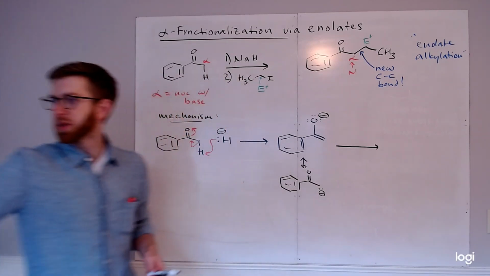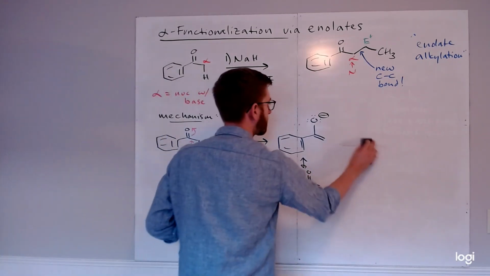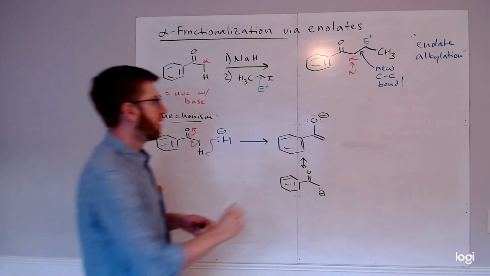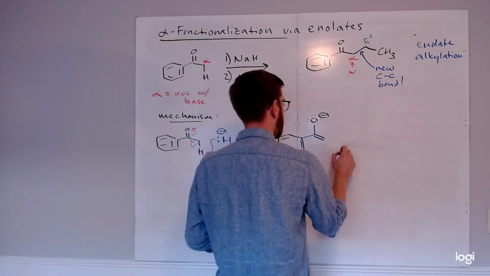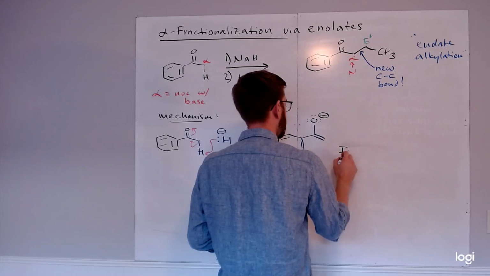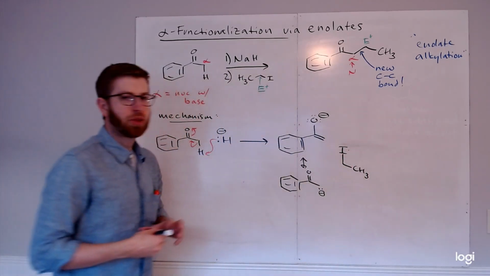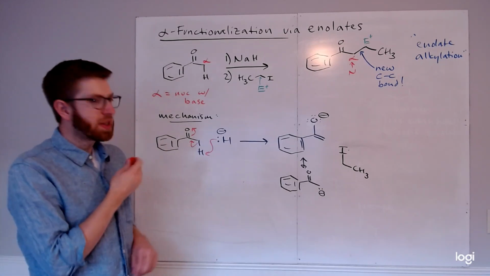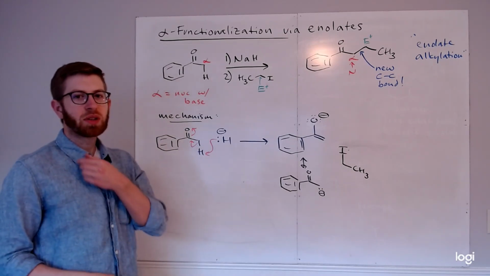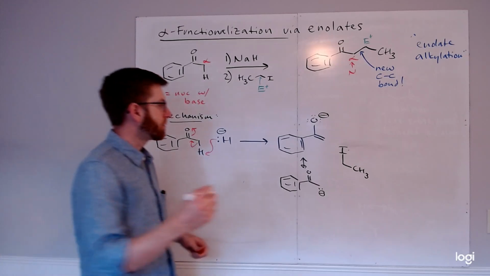Let me give myself some space to do that. So there's my iodine, my ethyl group. And it turns out that the way that this enolate alkylation works is quite literally through an SN2 reaction.